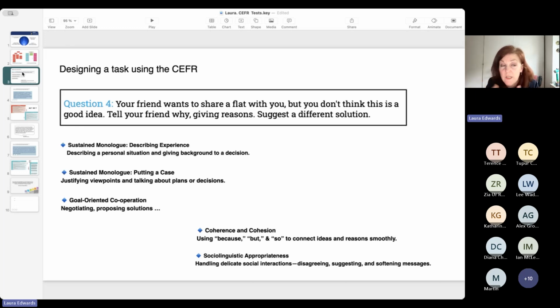Now, of course, what we use to design is also what we use to evaluate. So we're going to be looking at how well they describe a situation and give background, how well they justify the viewpoints, how well they propose solutions, etc.